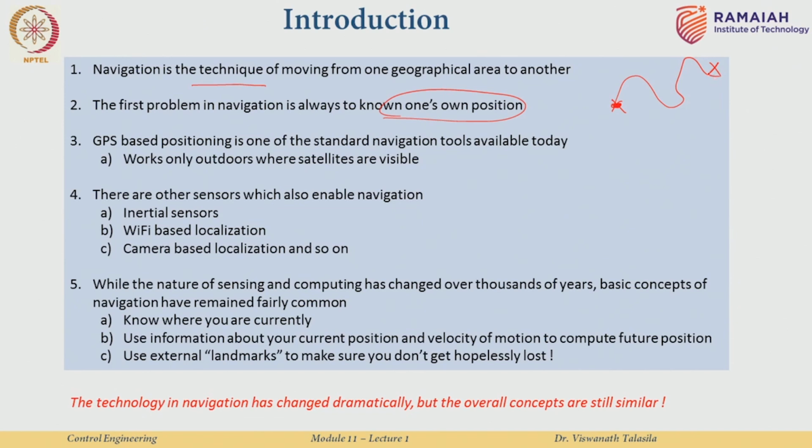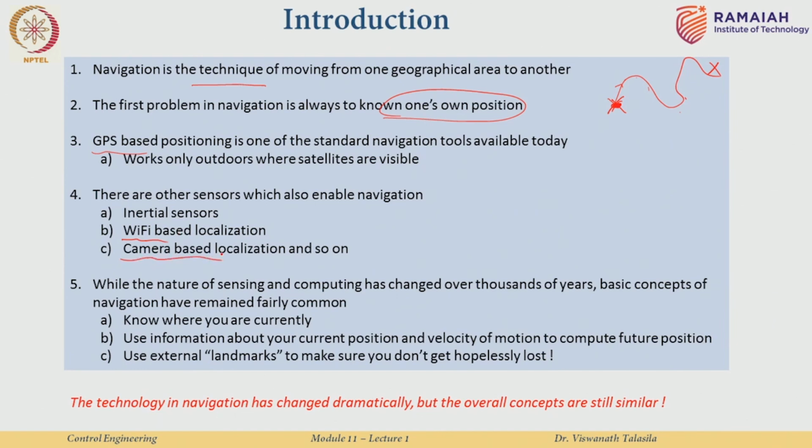So, we will see some examples of calculating our own position, and using our known position we will see how we calculate the path to a certain object. Then we will look, very briefly, maybe in just one slide or so, at other navigation sensors, very advanced ones, some based on GPS, some on Wi-Fi localization and camera based localization.